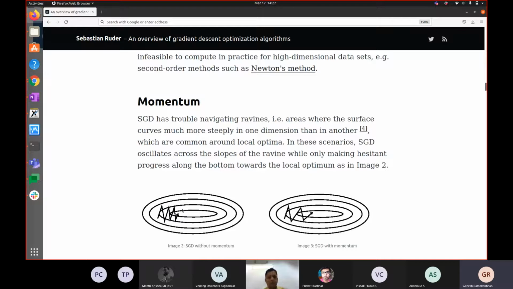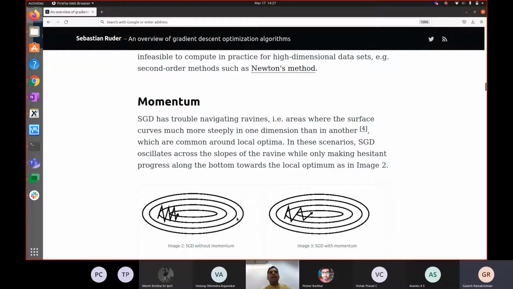So momentum, you had the zigzag movement, right? Momentum said, let's try and fix the zigzag movement. If a ball is rolling down a slope, the ball may have zigzag movement because the path has a lot of stones, pebbles, etc. But ultimately the ball is rolling down. So what you're trying to do is capture the major trajectory and not let the oscillations, the minor trajectories, overwhelm the major trajectory.